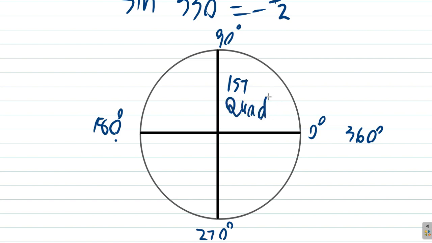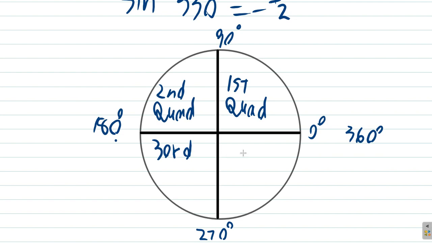I just shorten it to use the space. First quadrant. 90 to 180 contains the second quadrant. 180 to 270 contains the third quadrant.